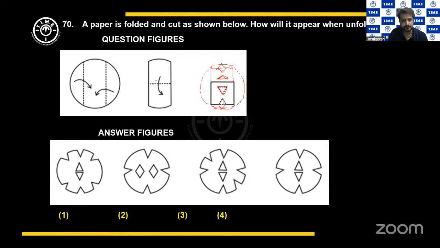When it is opened this way, here you are not having any cuts. This part you are not having any cuts. But when it is folded, okay, we'll see this question later. I think there is a small correction needed. We'll see that. Now see question number 71.